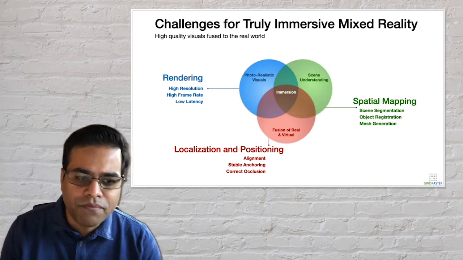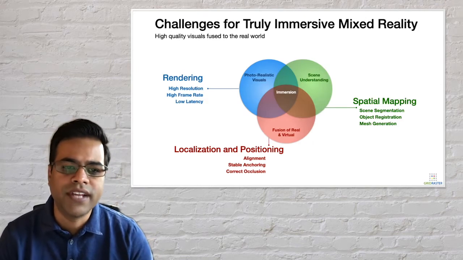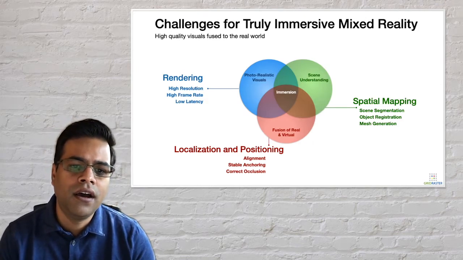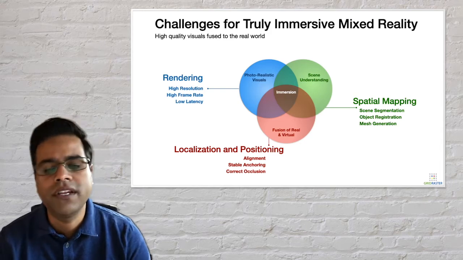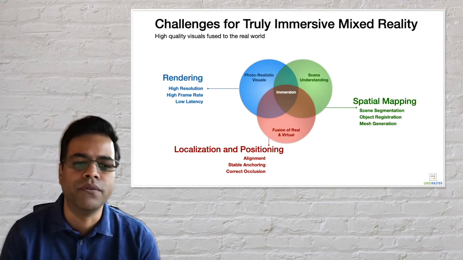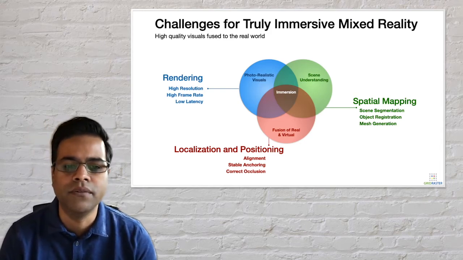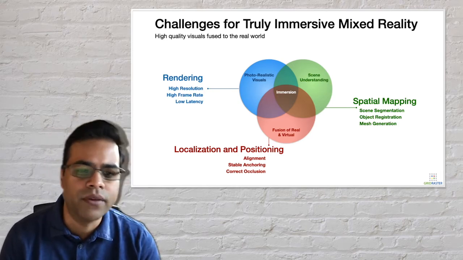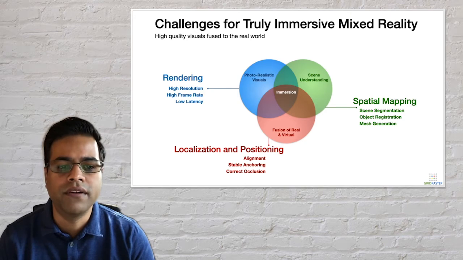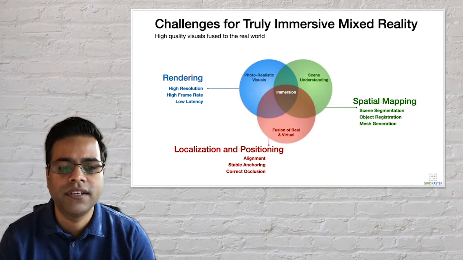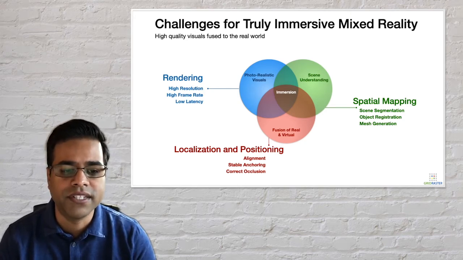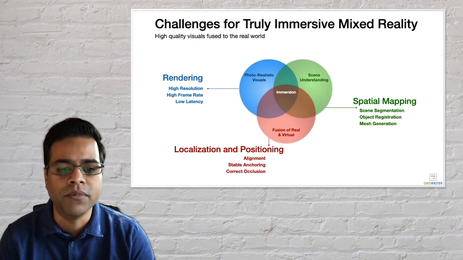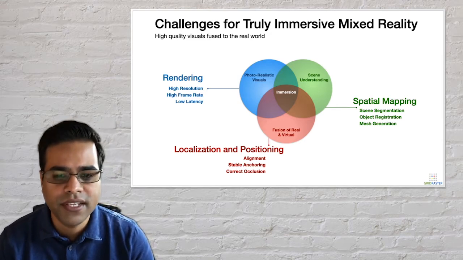Now, in order to make a truly immersive mixed reality experience, we require high quality visuals fused to the real world. So there are 3 challenges that we need to solve in order to do that. One is, of course, rendering, where we are trying to render very high resolution content at high frame rates with extremely low latency so that the immersive experience can be maintained.